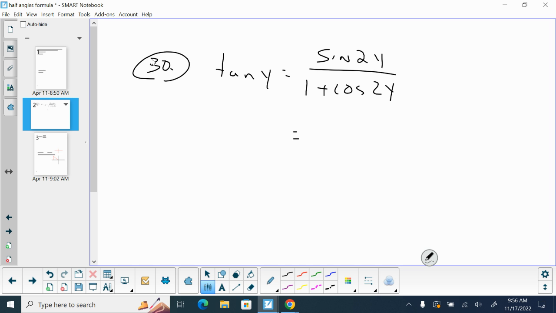Well, this section is dealing with all double angle stuff. So on the right-hand side, we're dealing with double angles. So let's make our substitutions with our double angles. So if we take a look at the top, sine of 2y, we only have one substitution for the sine of 2y. Write it down. What's your sine of 2y?